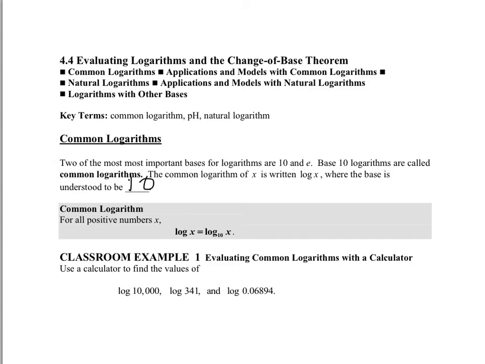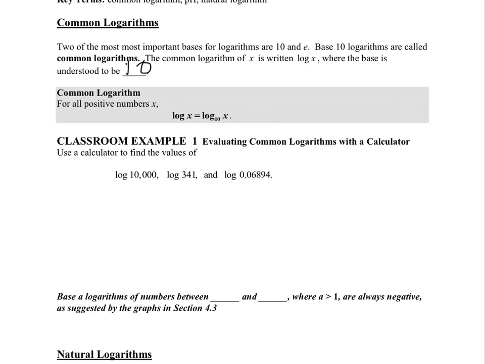So if I just see log of some number, I automatically know that it means base 10. And that is the base that the LOG key in your calculator will use.